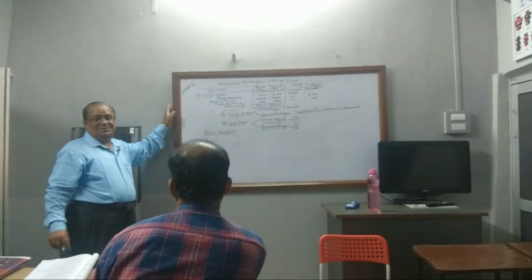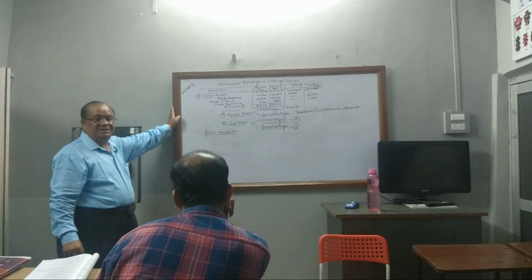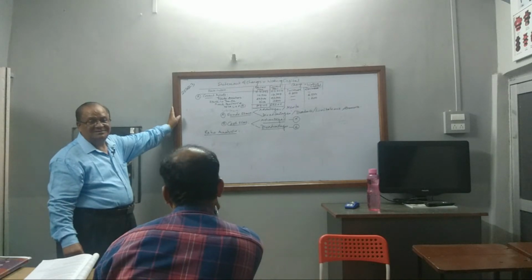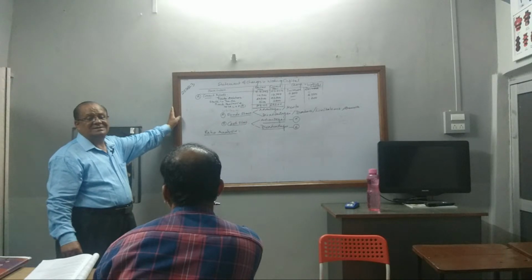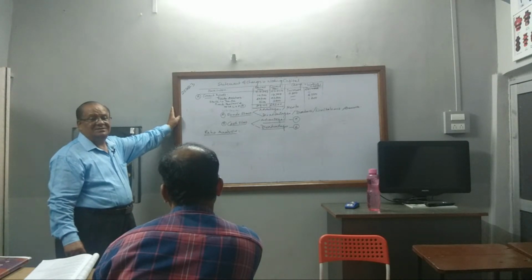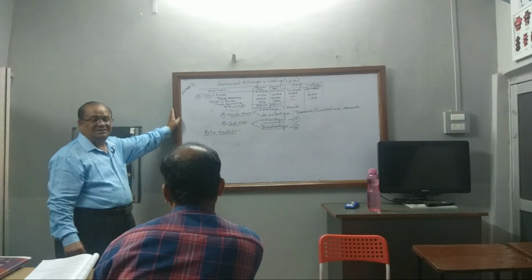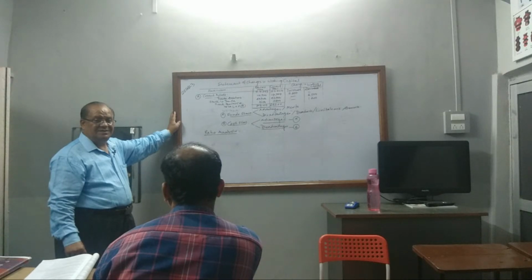Here also there are theory questions and problems. Correct? They can ask you problems on current assets, liquid assets, net profit ratio, gross profit ratio, operating ratio. Like that they can ask. So they can give you ratios.